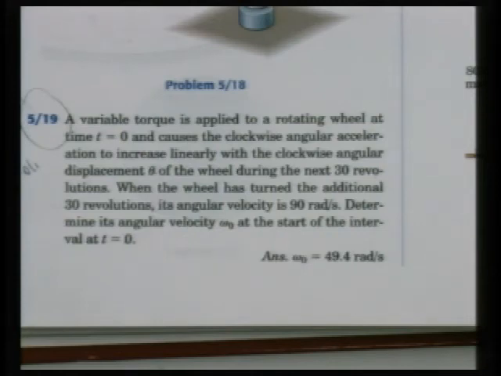When the wheel is turned an additional 30 revolutions, its angular velocity is 90 radians per second. Determine its angular velocity at the start of the interval at time 0.